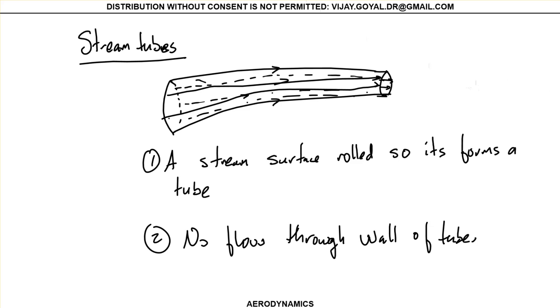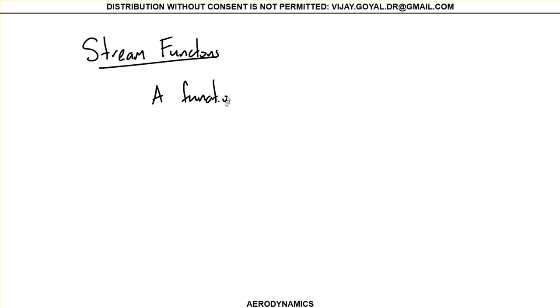Now, we also have something we call stream functions, and we will talk more about this probably in 2 classes, but to get a little bit ahead of myself. Stream functions. This is nothing else but a function which is constant.